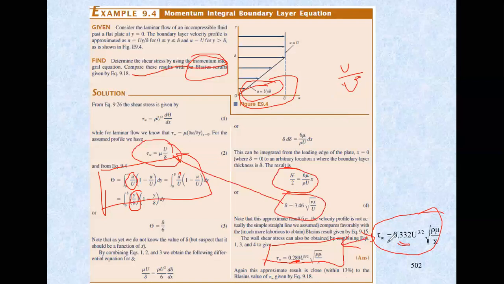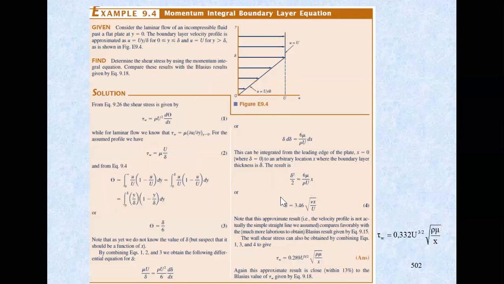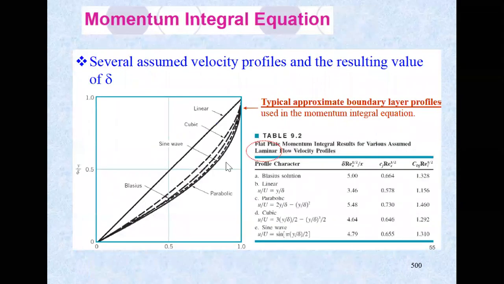And if we compare, then we have this. And this actually gives you the comparison between the momentum integral boundary layer concept and the Blasius solutions. And if you compare with different velocity profiles, Blasius is one of them.